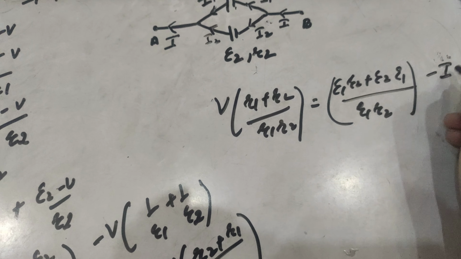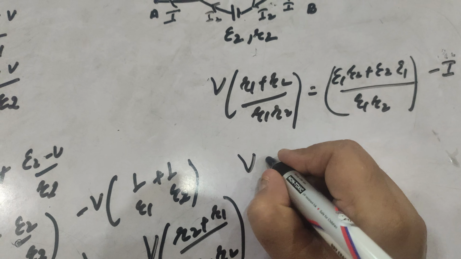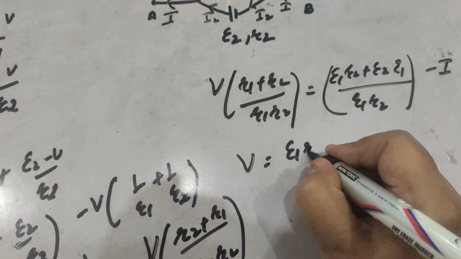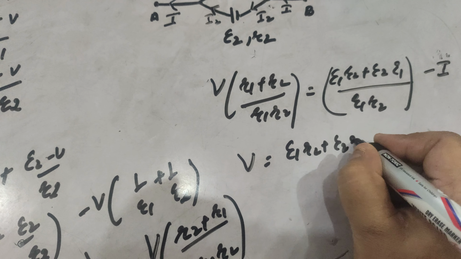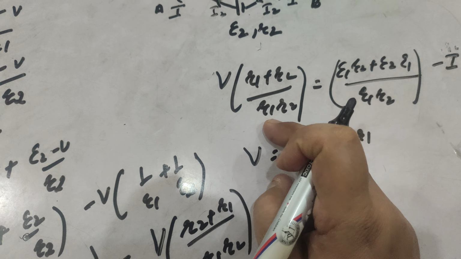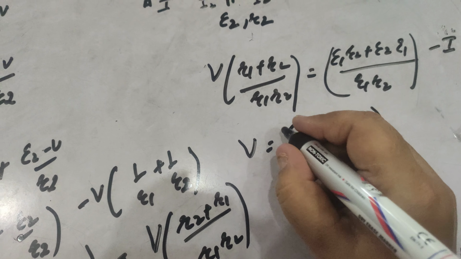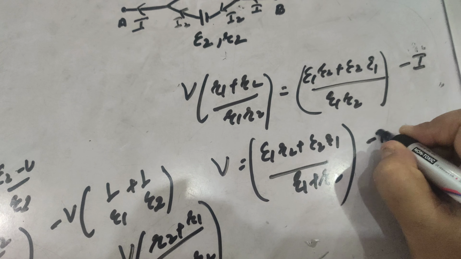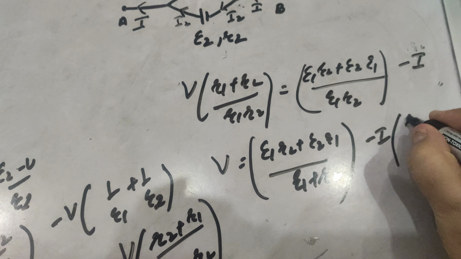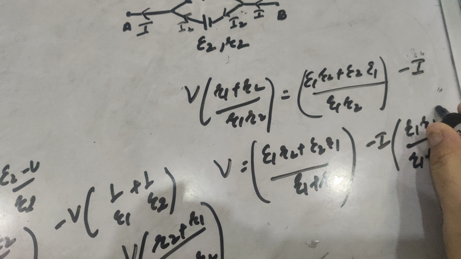minus I. Now taking this factor to the denominator, V is equal to (E1 R2 plus E2 R1) divided by (R1 plus R2), as R1 R2 cancels out with R1 R2. Similarly, here I will be multiplied by R1 R2 divided by R1 plus R2.